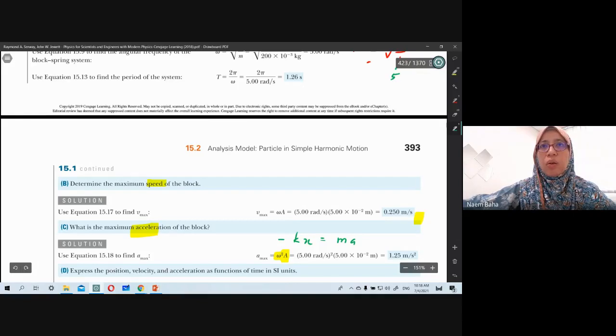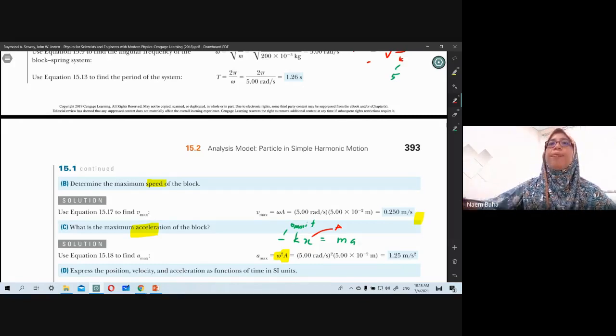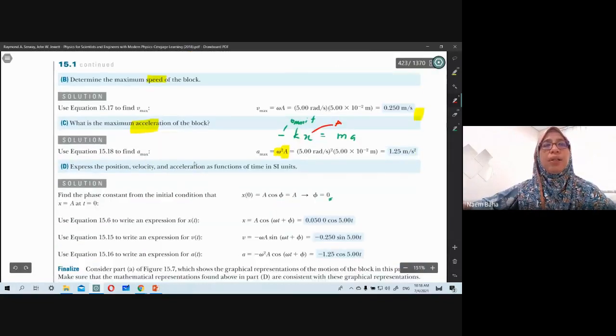Just omit it, okay? Take it out. However, a bit different is that x is now replaced by A. You will arrive at the maximum value of acceleration belonging to the block. Give it a try.